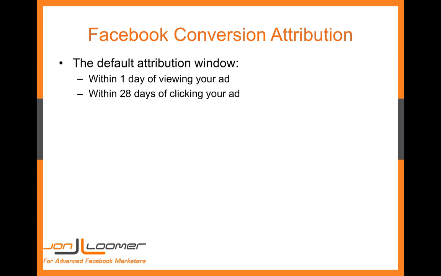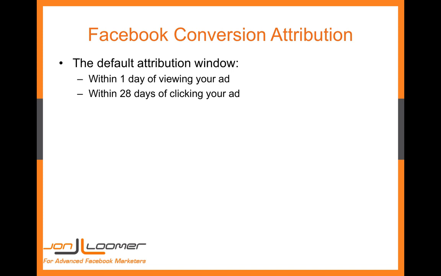So understand this, the default attribution window, and we kind of already touched on this a little bit, is anyone who sees your ad and then converts within 1 day, or anyone who clicks on your ad and converts within 28 days. So I know there's just this assumption that Facebook's only counting those people who clicked on your ad and immediately converted.